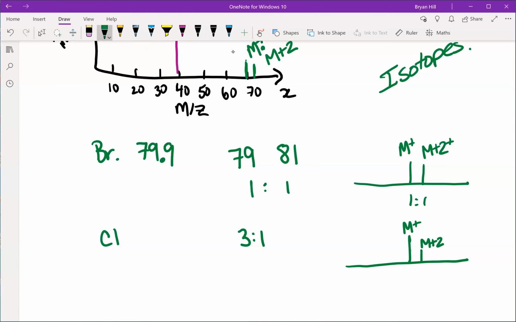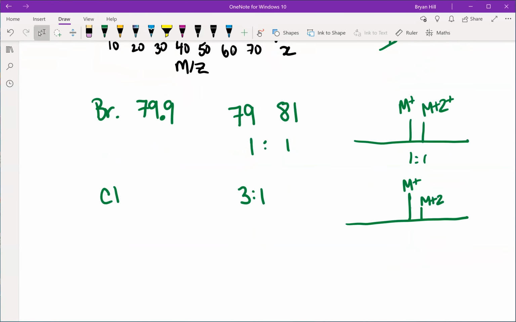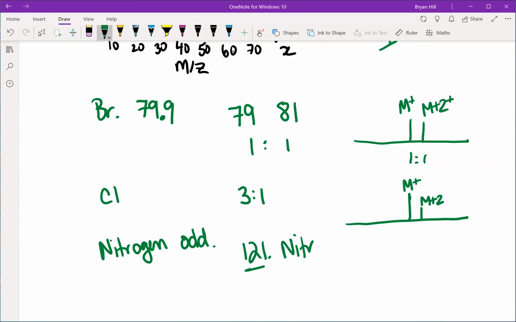And then I guess the other part is nitrogen. The rule is, if your molecular mass is odd, for example say it's 121, then you know you've got a nitrogen because it's an odd number.